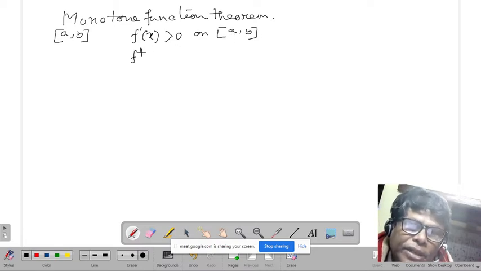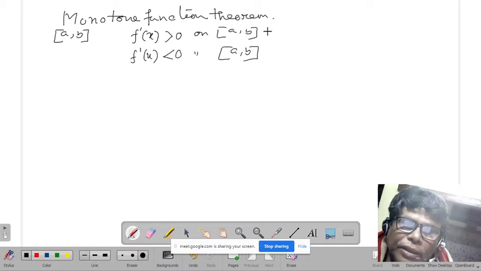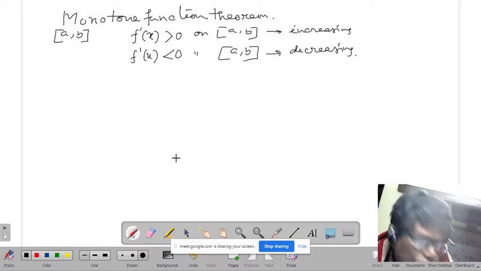And if f dash x is less than 0 on AB, then this gives you a decreasing function. Now today I shall do some examples.